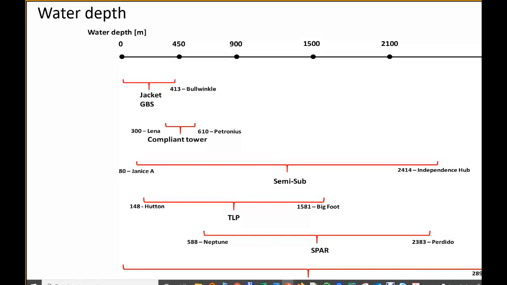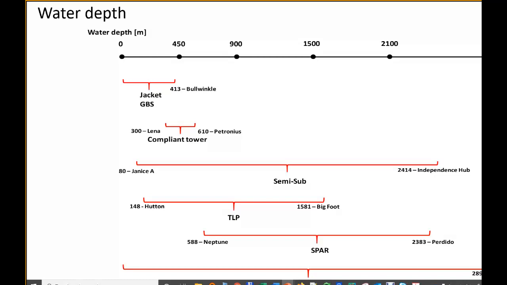By the way, most of the developments in Norway are below or around 400 meters. Okay, below 400 meters, except Ostahansten, which is 1500. Then you have semi-subs. Because they're floating, they can actually be used for any depth, okay, but they are usually used for bigger depth, up to 2,400 meters.